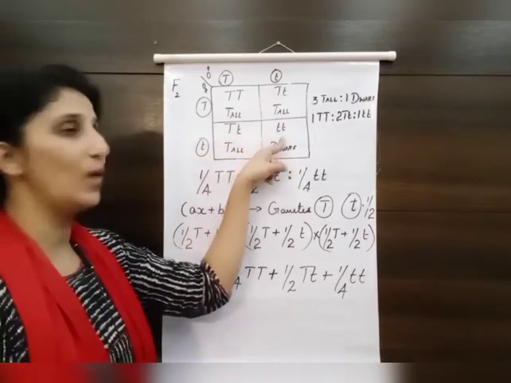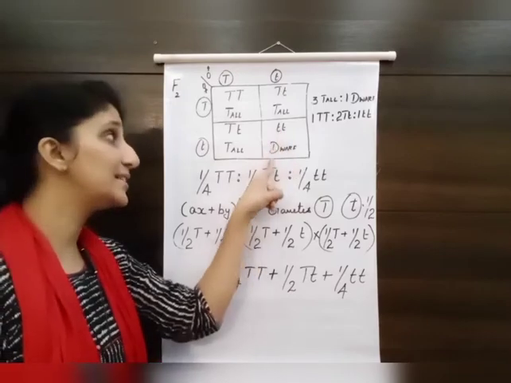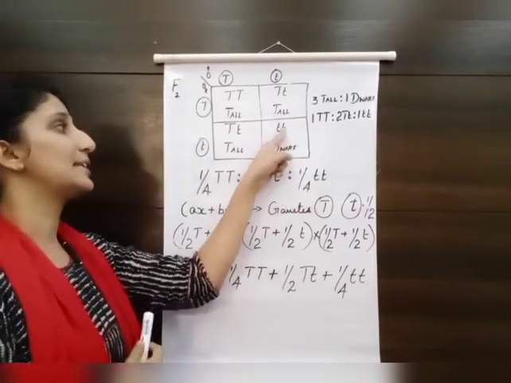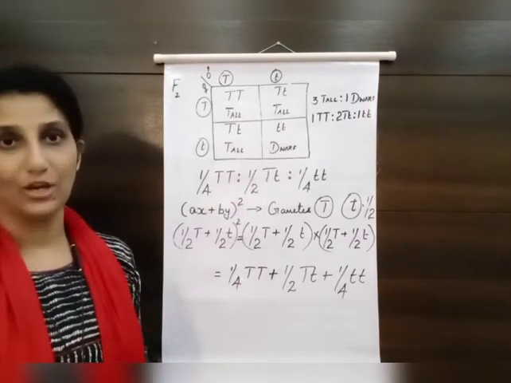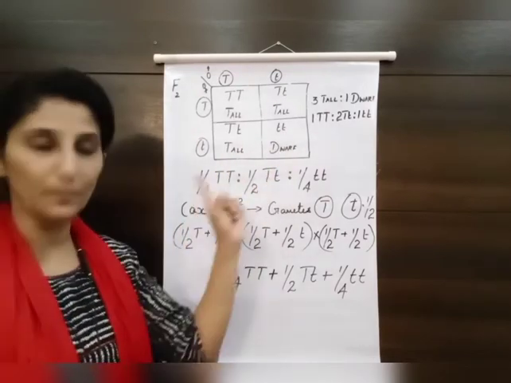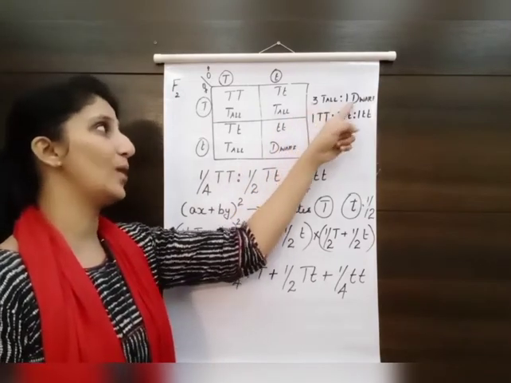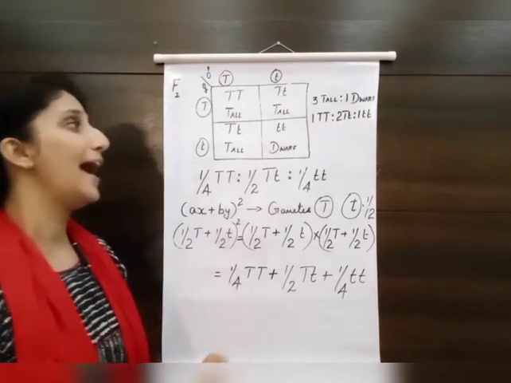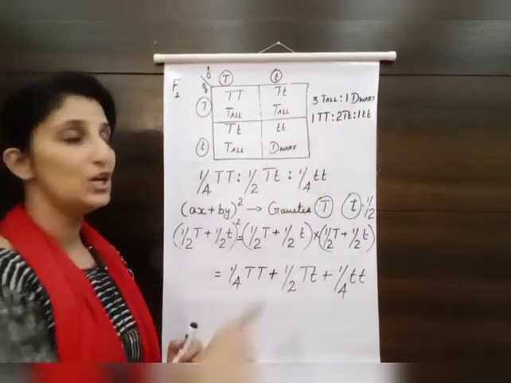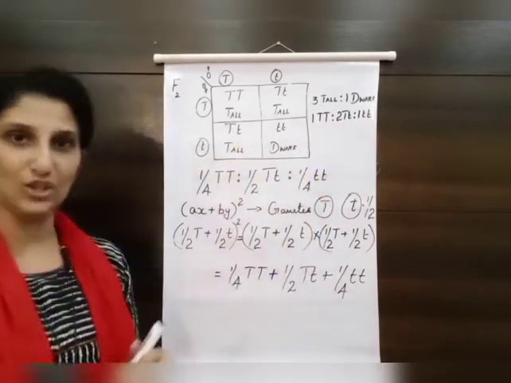And again 1/4 or 25% is homozygous recessive, and the phenotype is dwarf and the genotype is tt. So this is the F2 hybrid proportion that is obtained, and the phenotypic ratio is 3:1, 3 tall is to 1 dwarf, and the genotypic ratio is 1 TT : 2 Tt : 1 tt.